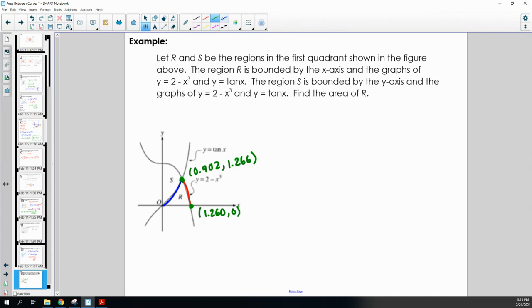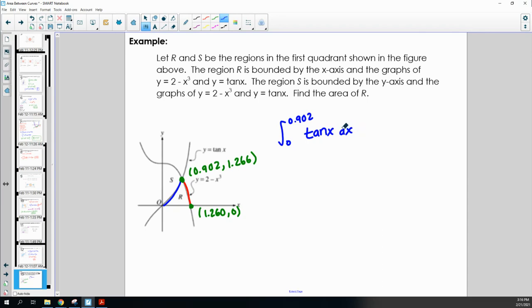So if I'm going to do top minus bottom, the first integral is going to be going from 0 to the x value of this intersection point, which is 0.902. The top function is going to be tan x, and the bottom function is 0, so I don't really need to subtract 0 from that, so I'm just going to tack on the dx.